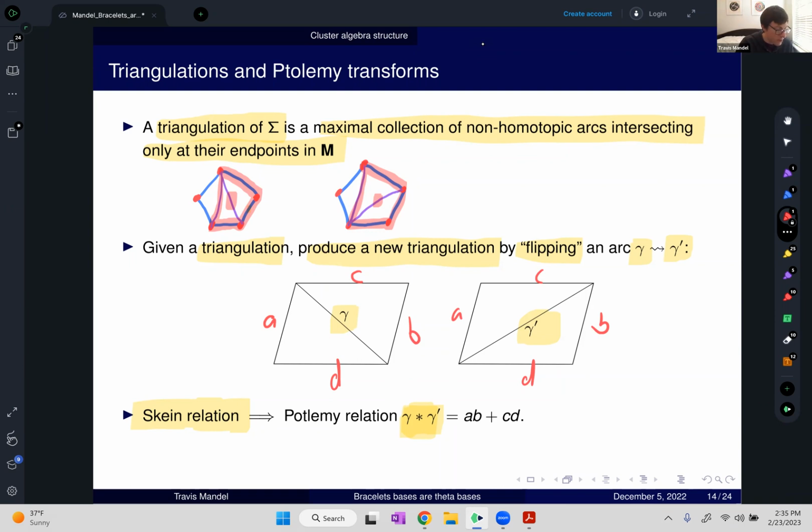So we always have these relations. We have all these different triangulations, and arcs from adjacent triangulations, meaning you can flip from one to the other, are related by these Ptolemy relations.